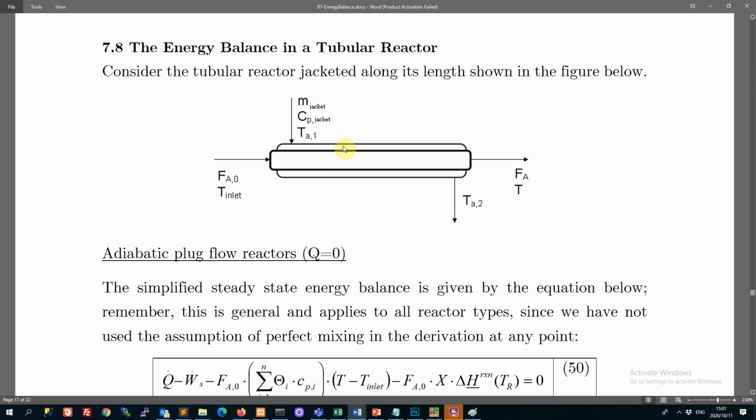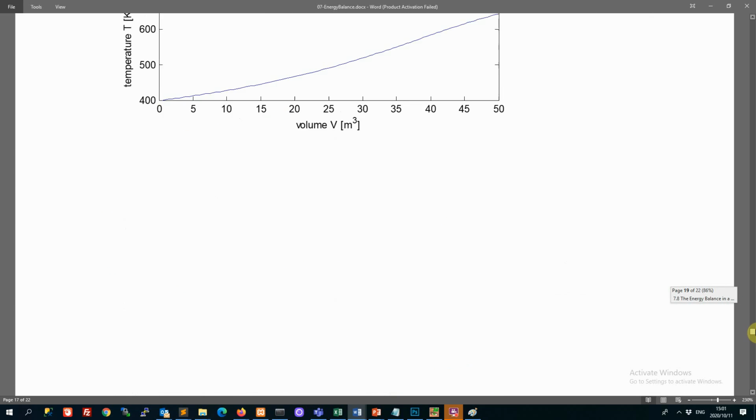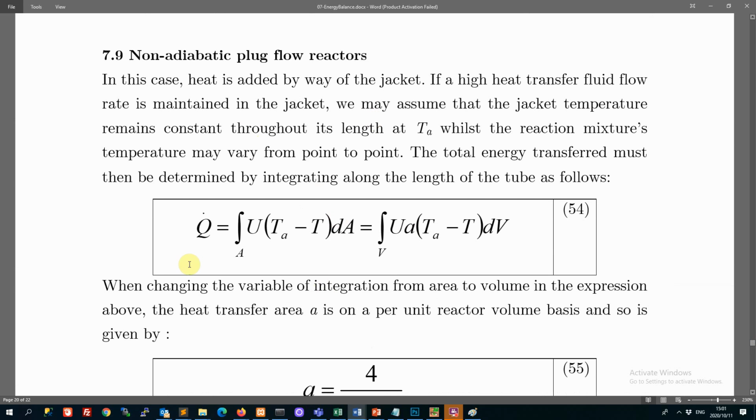So the difference between those temperatures is going to cause a driving force, and heat is going to flow across the wall here.